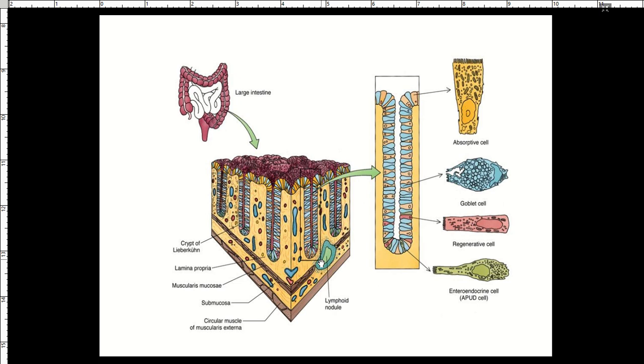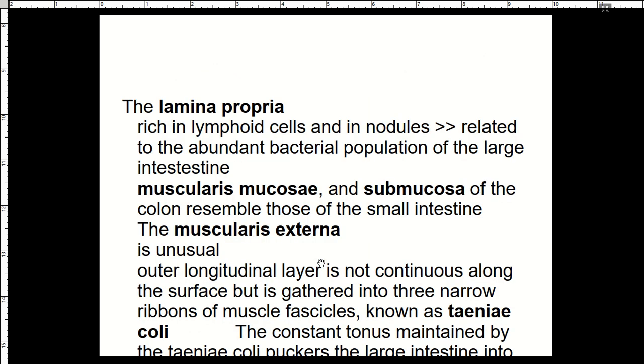So we need these lymphoid nodules to act as a defense mechanism for these commensal bacteria. Let's take a look at the lamina propria. So like I said, it is rich in lymphoid nodules, due to the abundant bacterial population of the large intestine. As for the muscularis mucosa and the submucosa of the colon, it is just the same as that of the small intestine.